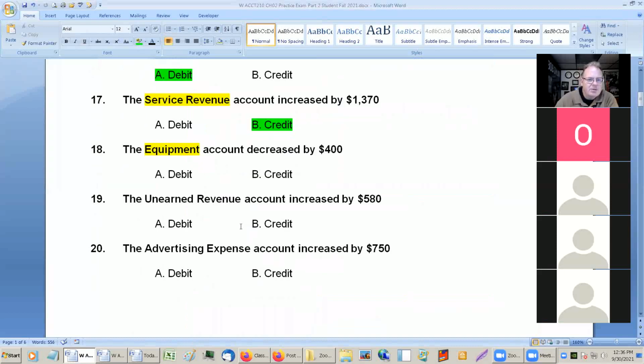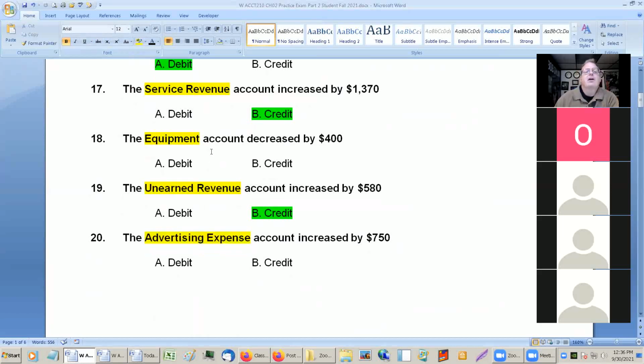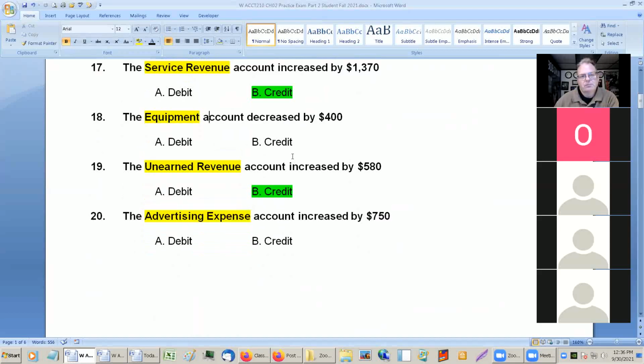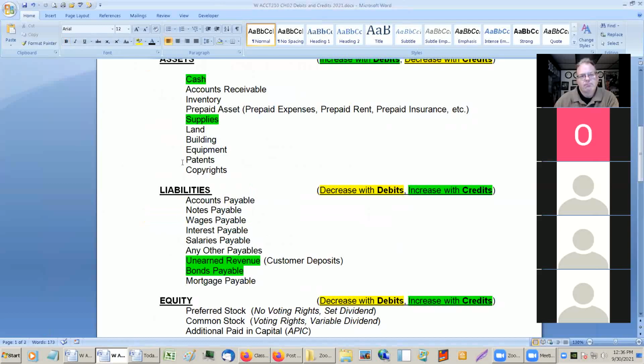Wait, I jumped ahead, I missed one, I'm sorry. I missed the equipment, hold on. One of these days I'm going to learn how to use my computer. Okay, the equipment account decreased by 400. Credit.